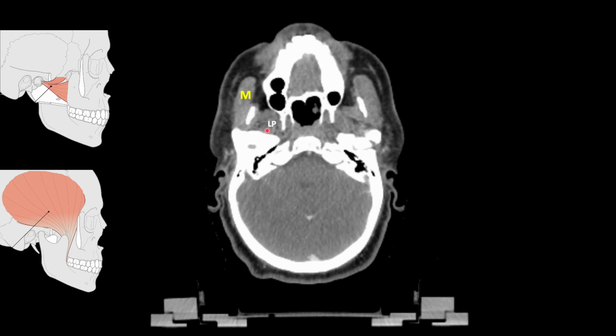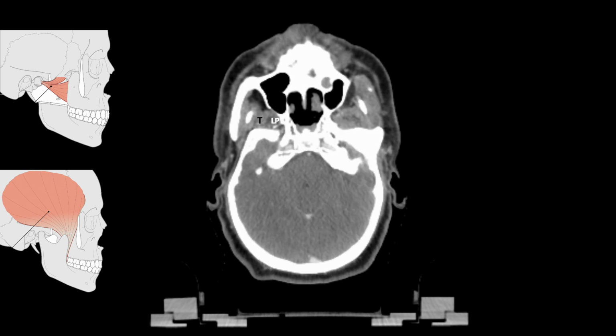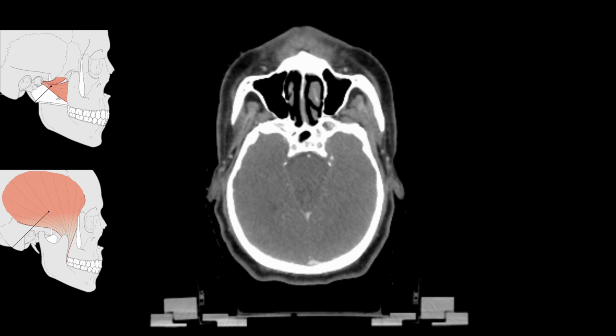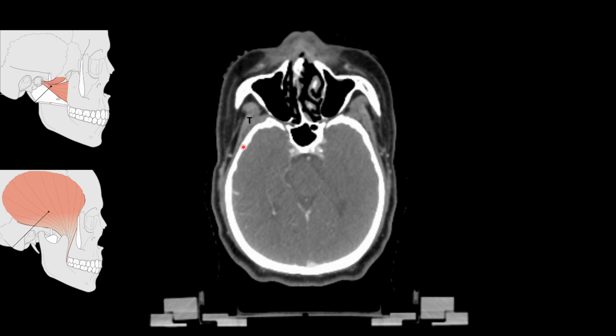So this is the lateral pterygoid muscle. As we go cranially, we will start to see the temporalis muscle. So this sheet-like muscle here is the temporalis muscle.